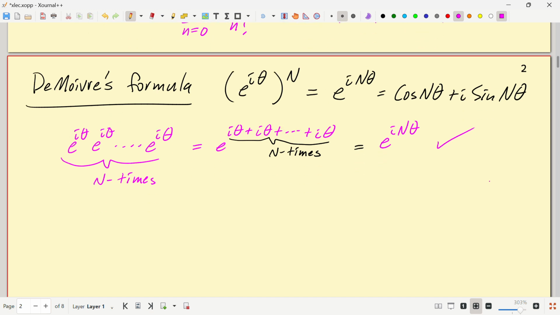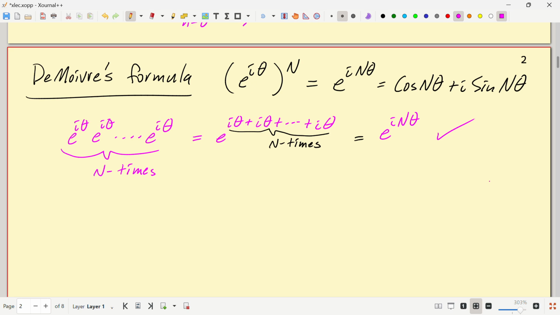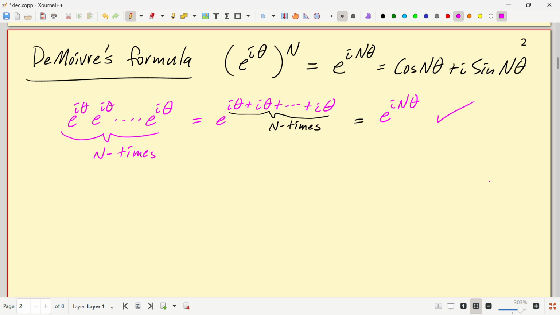Okay, I'll come back to this in a minute, but this means, let's see, here are the famous formulas you learned somewhere, probably. Trig functions in terms of the complex exponential.